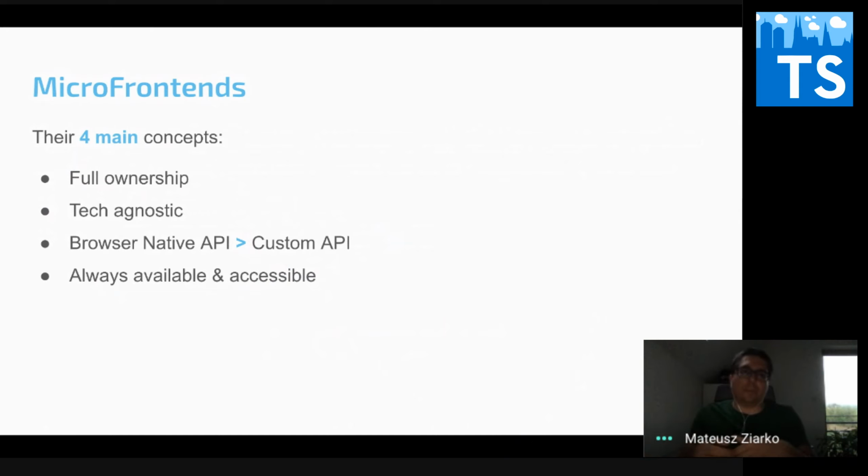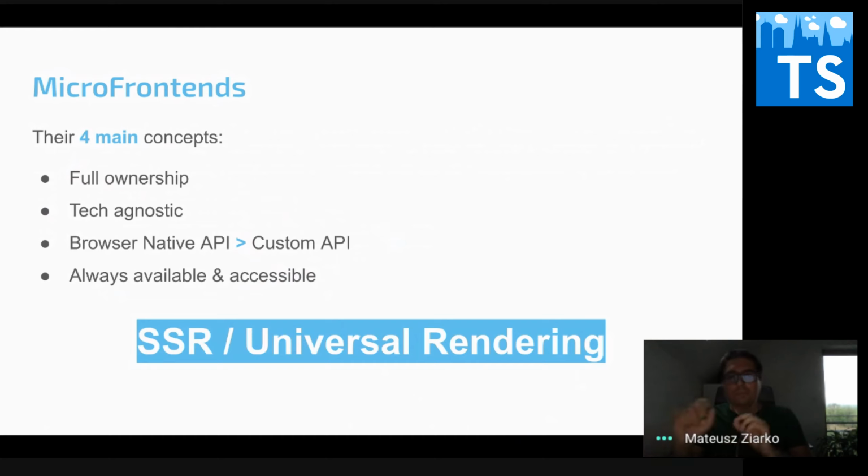Also, micro frontends have to be always available and always accessible. Of course, if our wrapper is going to fail, we are not going to say anything. But as micro frontends are totally independent, they have to be prepared to show something on the init. So to be a bit isomorphic, but I'm going to explain it a bit later.